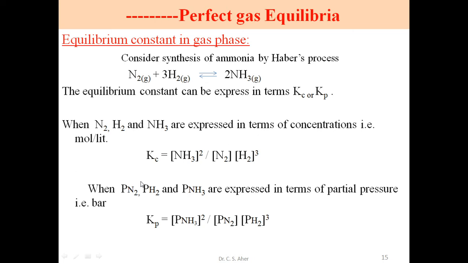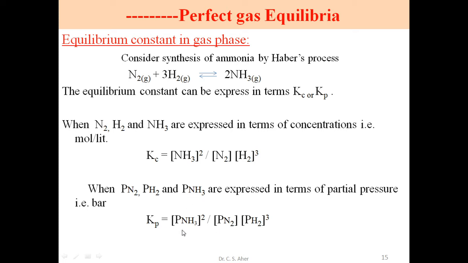When we have the gases expressed in partial pressure, that is bar, the equilibrium constant is called Kp. P is partial pressure or pressure term. At that time the equation becomes the partial pressure of ammonia raised to 2 upon the partial pressure of nitrogen into the partial pressure of hydrogen raised to power 3.